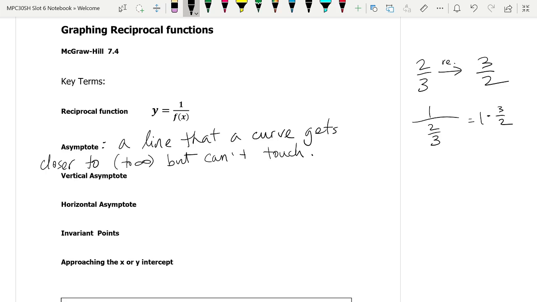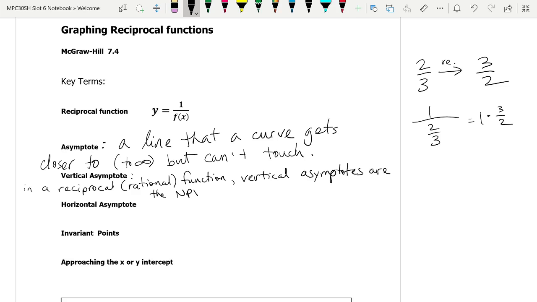A vertical asymptote, of course, means that it's a line that goes up and down. But in the case of a reciprocal function, actually, I'll just add it. In a reciprocal rational function, vertical asymptotes are the NPVs. Do we remember what NPV stands for from a couple chapters ago?